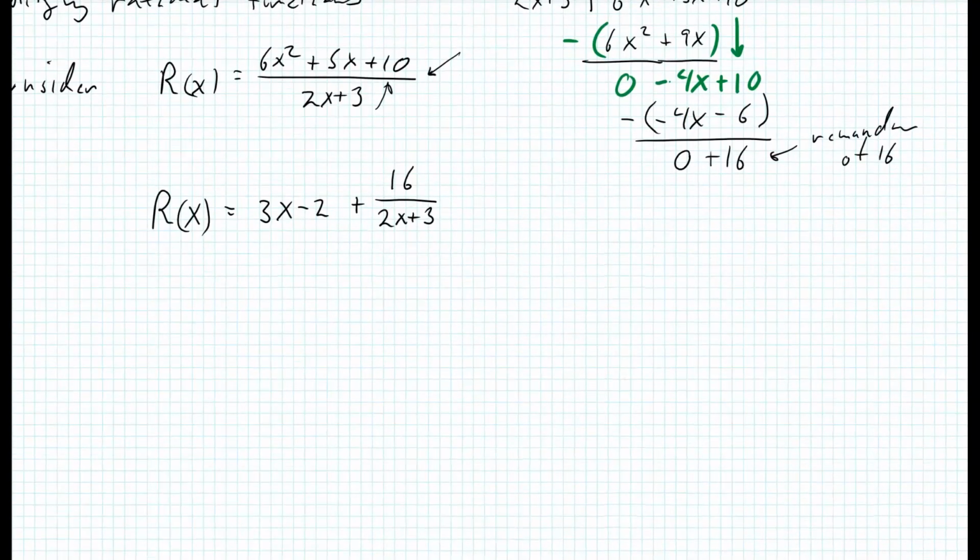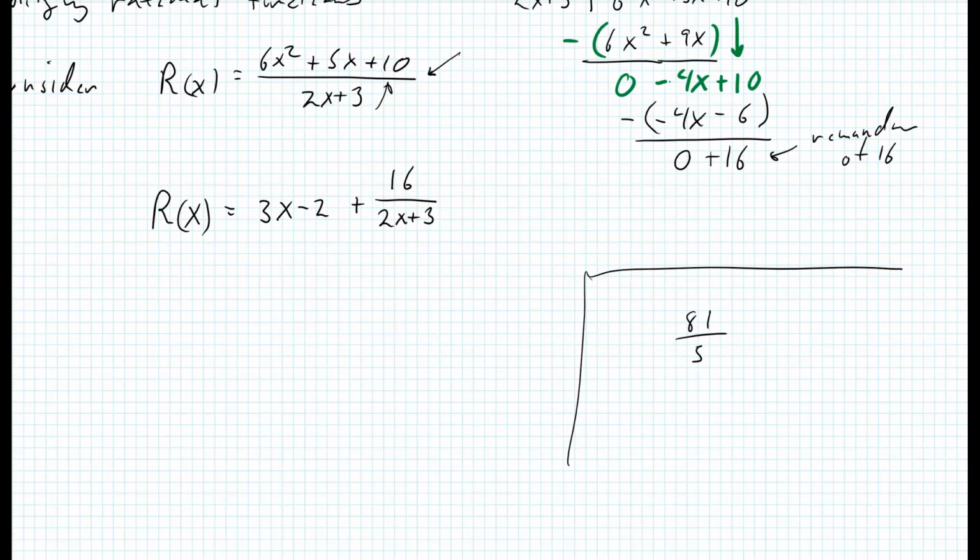That's similar to, suppose I were given something like 81/5 and we wanted to simplify this. We would get the whole number of times 5 goes into it, and then the remainder. So 5 goes into 81 sixteen times, with 1 left over, so that's my remainder.